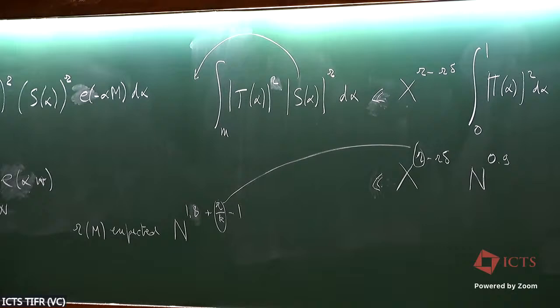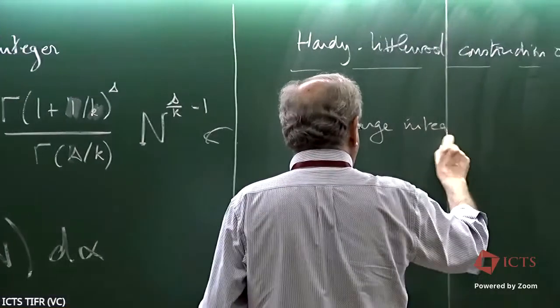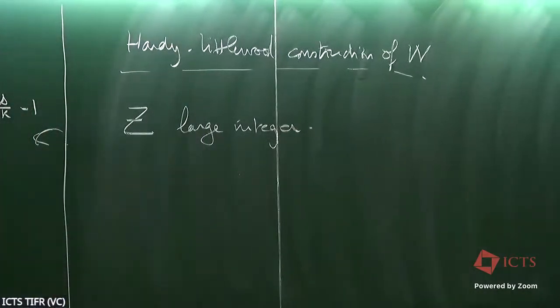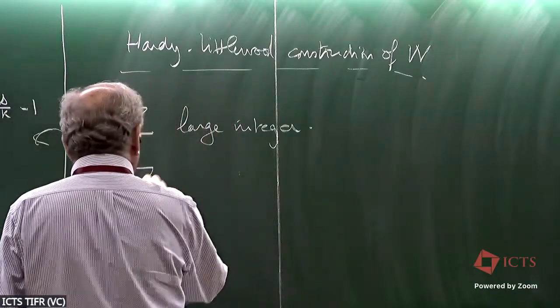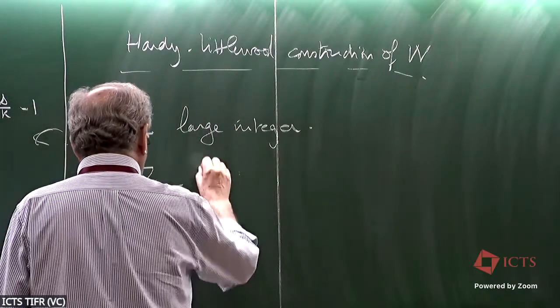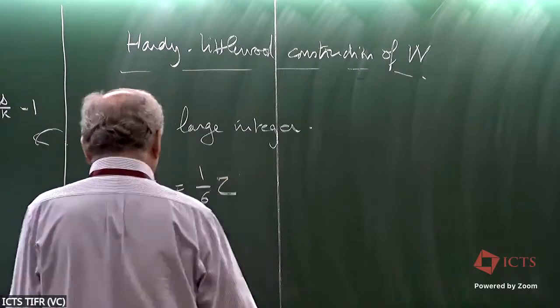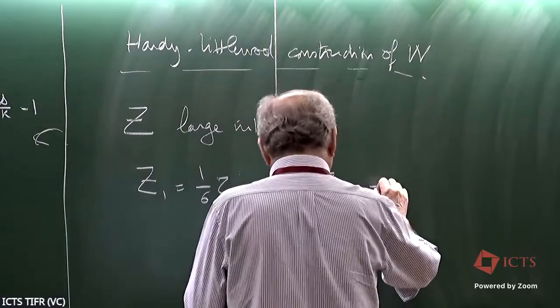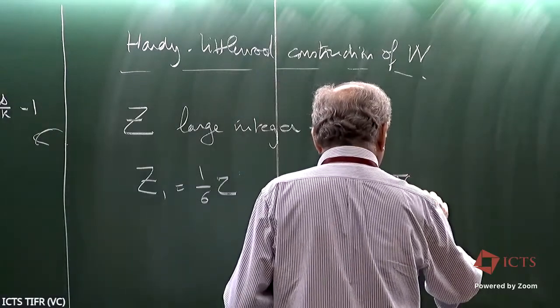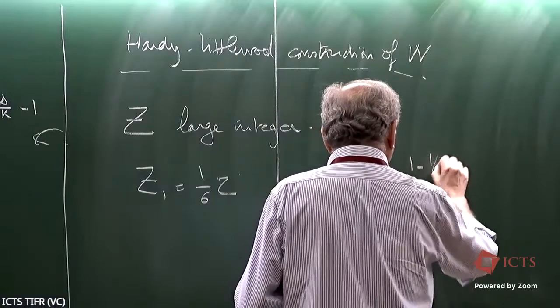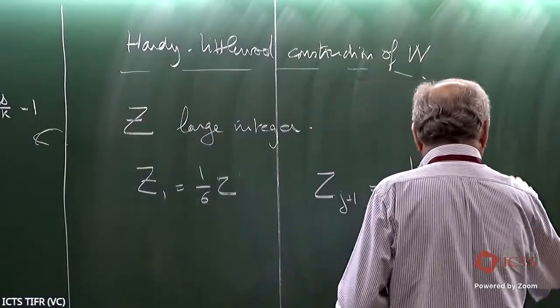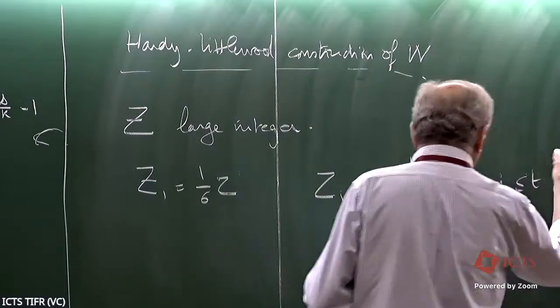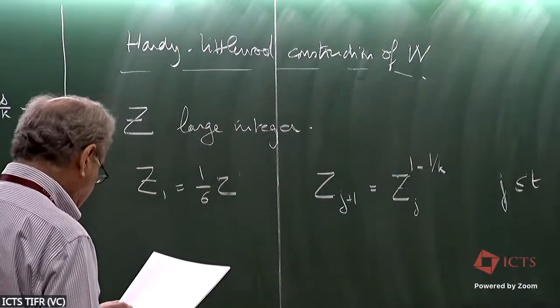So you take Z, a large integer. You see how to connect it with N, and then, but with K, I tell you how it is. So you define successively Z1 is equal to Z over 6, and then by induction, Zj plus 1 is Zj to power 1 minus 1 over K for J up to T if you want. Okay?